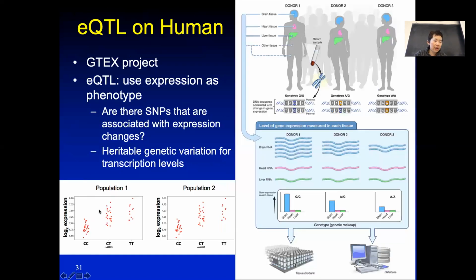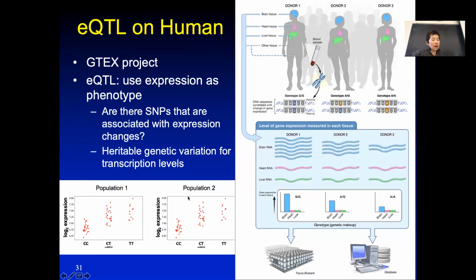But in human, it's not the case. So for example, in one population, when you have a CC genotype, the expression of some gene might be low. When you have CT, the expression level might be intermediate. And then when you have TT, this gene expression becomes very high.